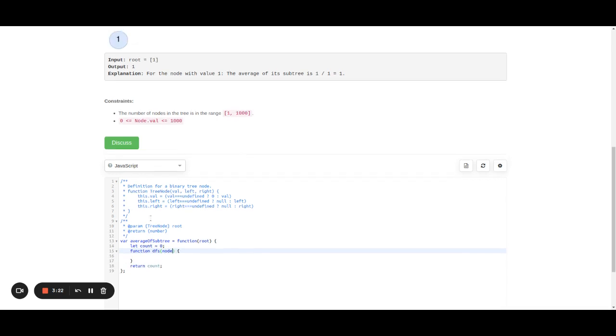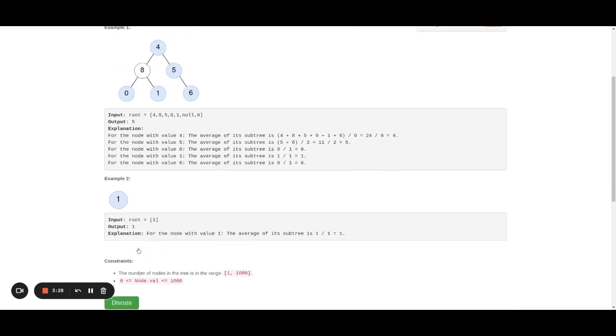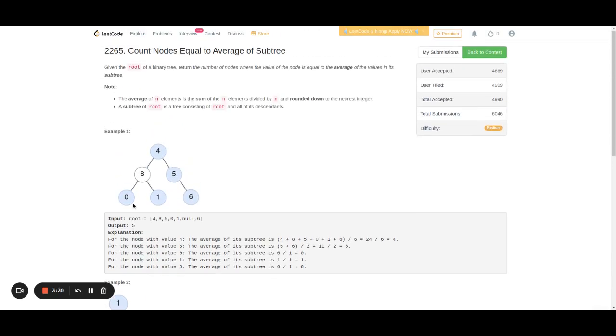Now what should we return from this DFS? For this node, we are going to need the sum of this node and its left and right nodes, and the number of nodes in the left and right, to calculate the average. We cannot just return the average, because we cannot calculate the average of this node just by knowing the averages of left and right.